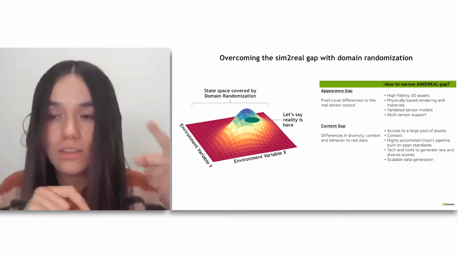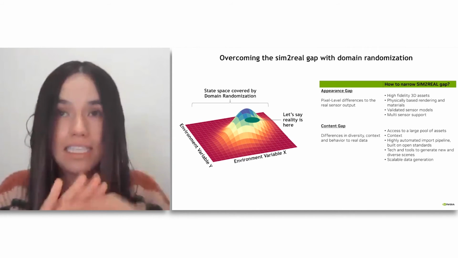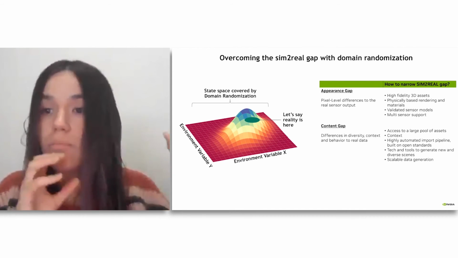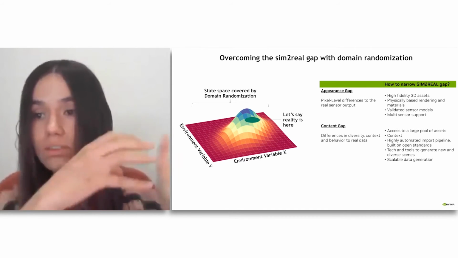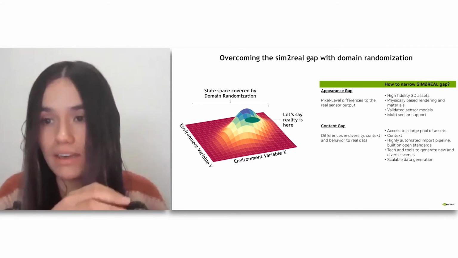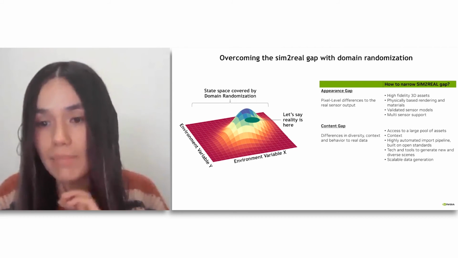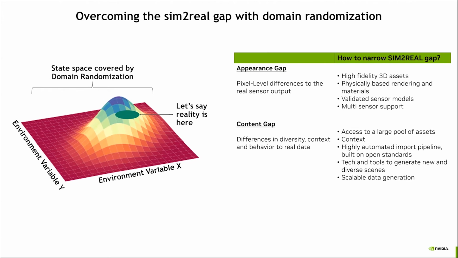Omniverse has connectors to Unreal Engine, Maya, Max, SketchUp, and so on. Because of those connectors, now you have access to so much more 3D data than before. And thus, you can bridge that gap. Additionally, we provide you a library that enables you to randomize and modify. We will talk about that in a bit.